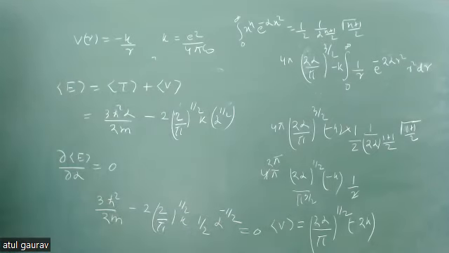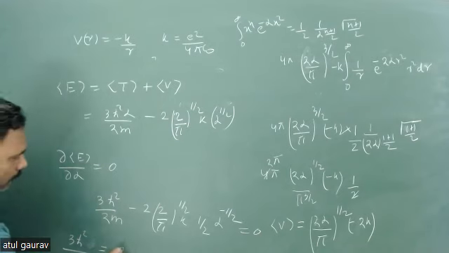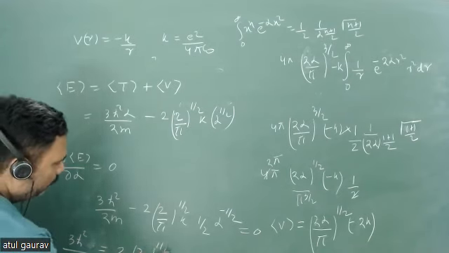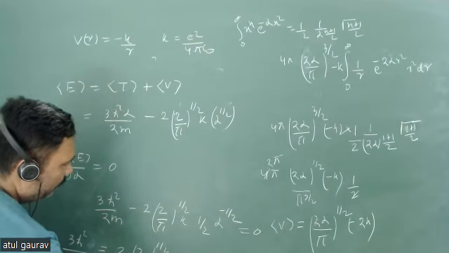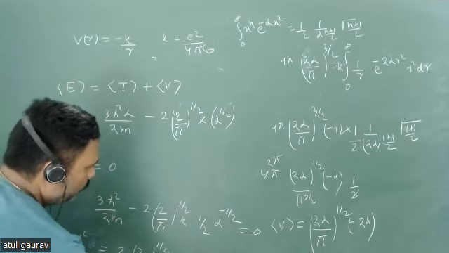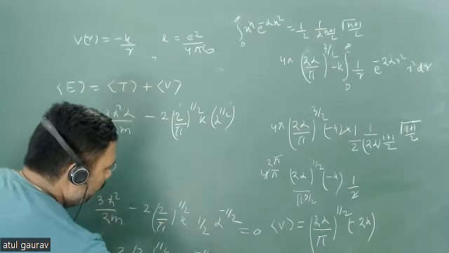So when this will be equal to 0, first thing we have to do, we have to write kinetic energy in terms of potential energy. So we have 3h² by 2m is equal to 2 by pi to the power half k, and sorry, 1 by 2 and alpha to the power minus half.